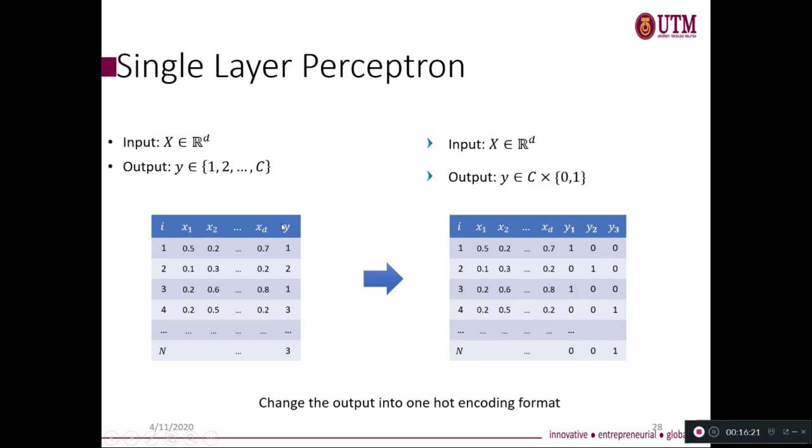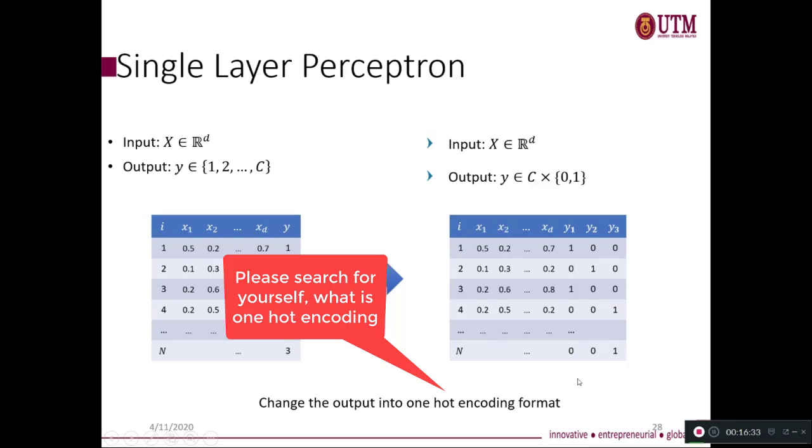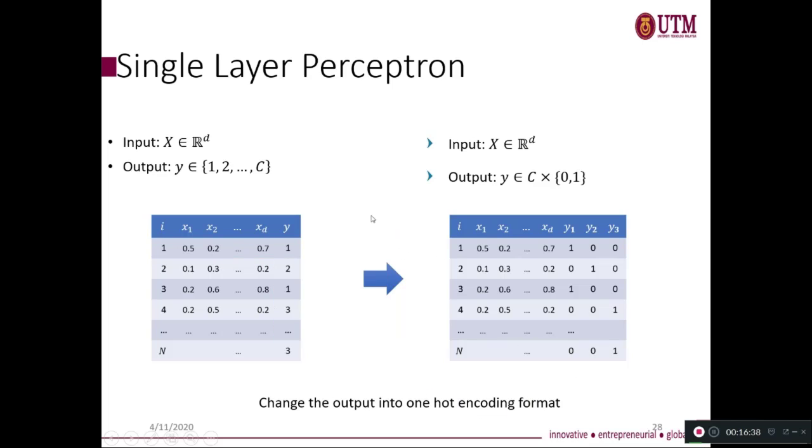Instead of y being represented by a single value or single output like this, you need to change the output into one hot encoding format. I think this has been covered in the previous lecture. What is meant by one hot encoding format? If you have 3 classes of output, then you must have 3 outputs. For class 1, it should be y1 equal to 1, y2 equal to 0, y3 equal to 0.